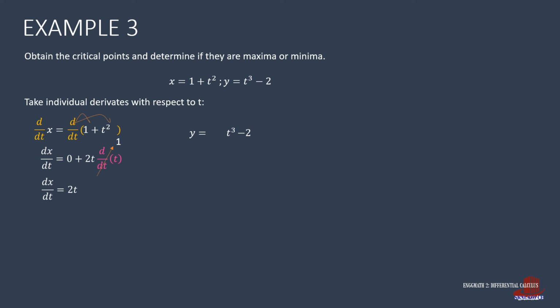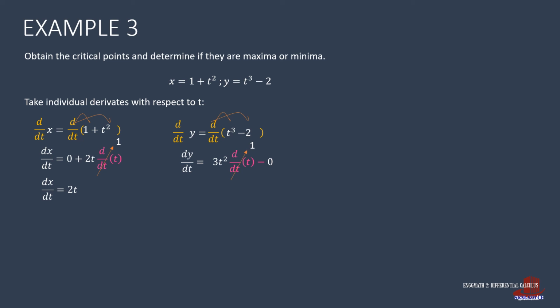For the other parametric equation, y of t cubed minus 2, the terms can also be separately differentiated. So dy over dt is then the derivative of t cubed, which is 3t squared. Then attach the derivative of t with respect to t from chain rule. Subtract the derivative of 2, which is 0.